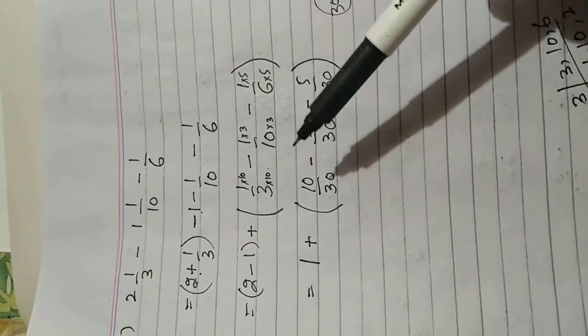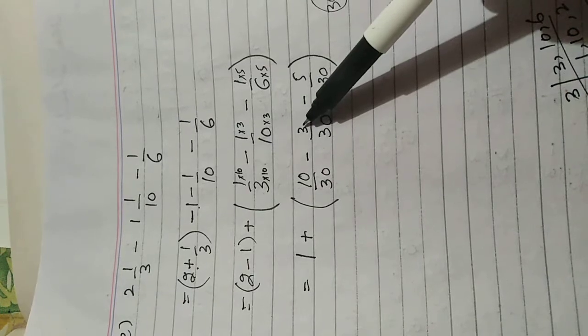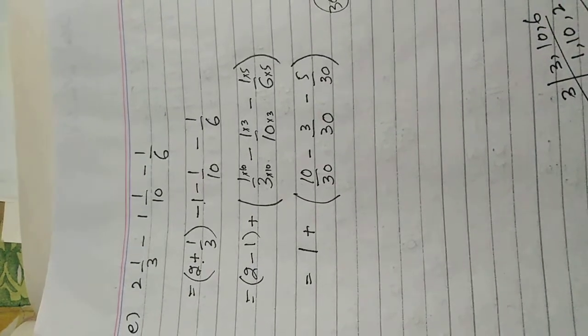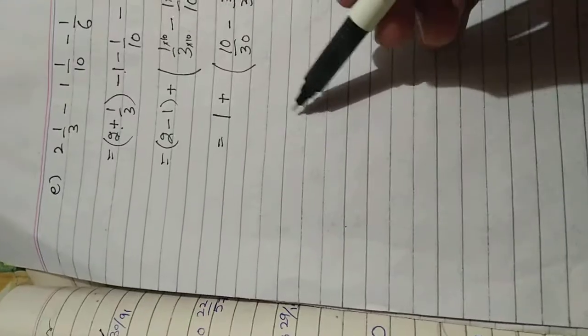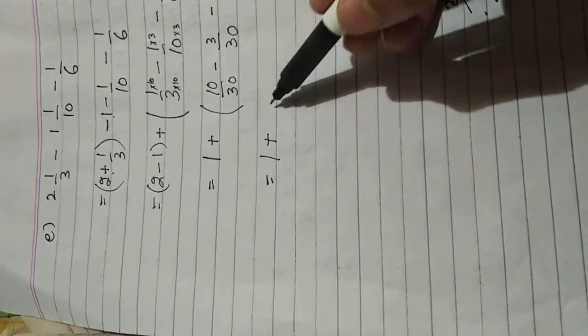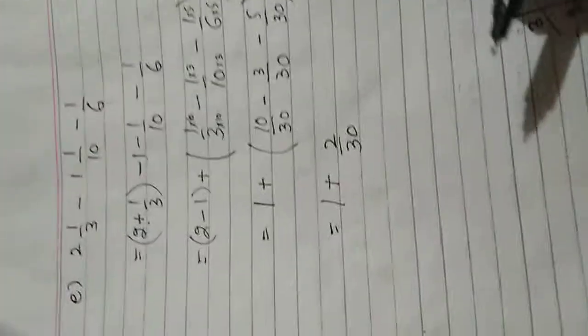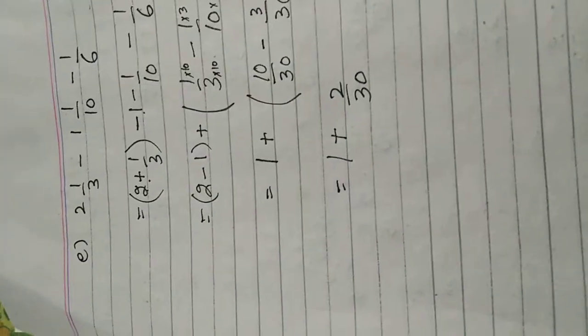Equivalent fractions are 10 over 30, 3 over 30 minus 5 over 30. After subtracting their numerators, we get 10 minus 3 is 7, 7 minus 5 is 2.